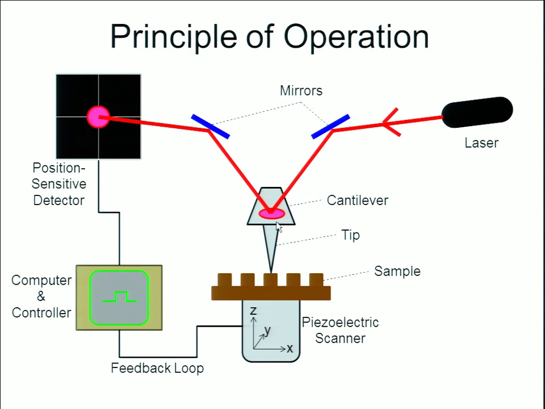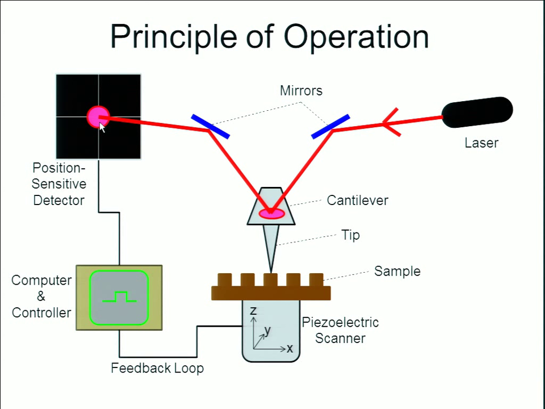Now, if that micron scale diving board is deflecting or moving up and down or kind of rolling right or left, we're going to sense all those changes with our position sensitive detector. And the way we do that is by using a laser. Typically you have to manually adjust the first mirror, then the second. You center the laser spot on the position sensitive detector, and you'll start with a set point.